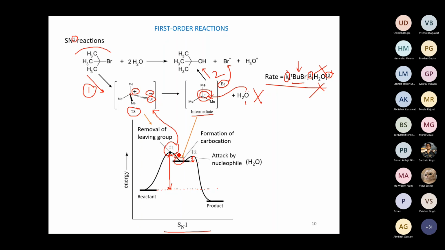Then the carbon-bromine bond breaks more and more, and it forms the ion pair. When it forms the ion pair, it is lower in energy, and forms an intermediate. Any questions? Any more? Any stupid question? No, that's fine. Okay, if not, then let's go.